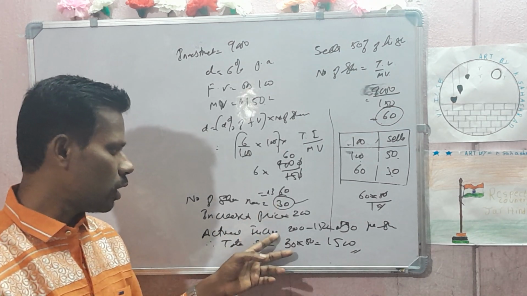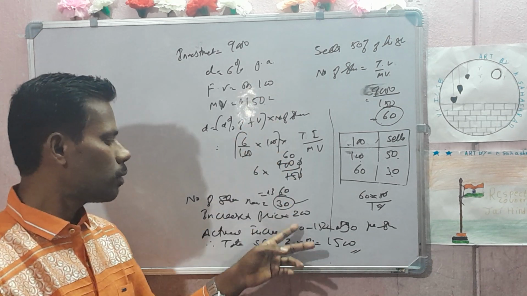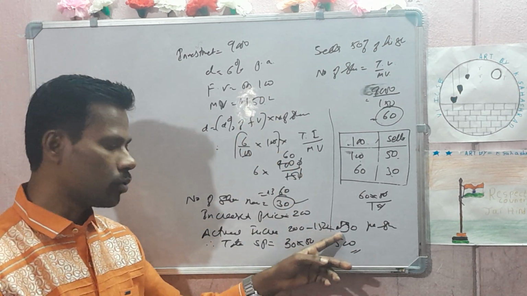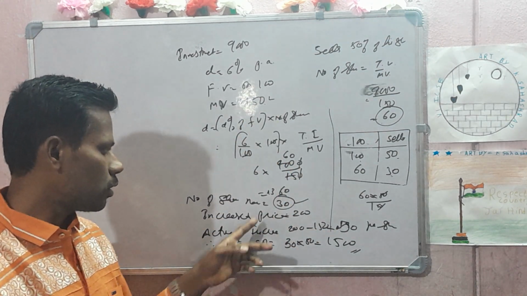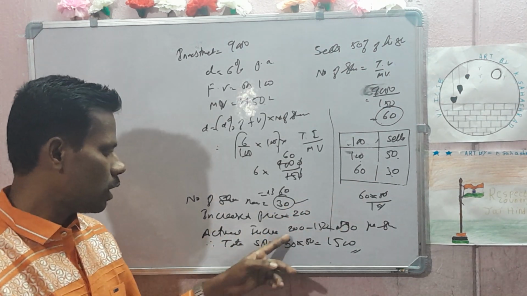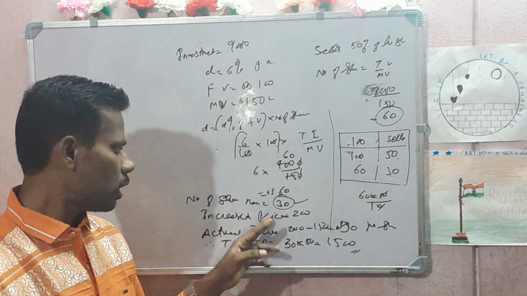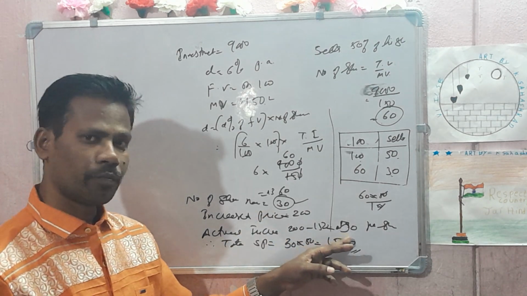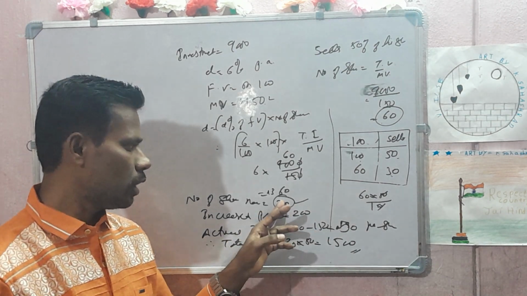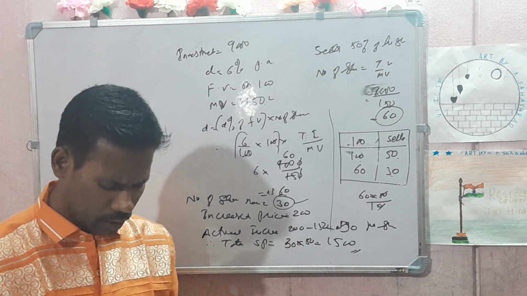Now what is his actual increase? Actual 150. Now it's 200. 200 minus 150 is 50. Rupees 50 is the actual increase. Now selling price. Total selling price is the increase on one share, 50, times the number of shares, 30. So it is 1500.